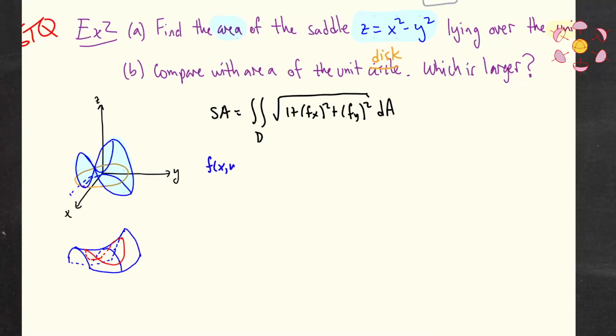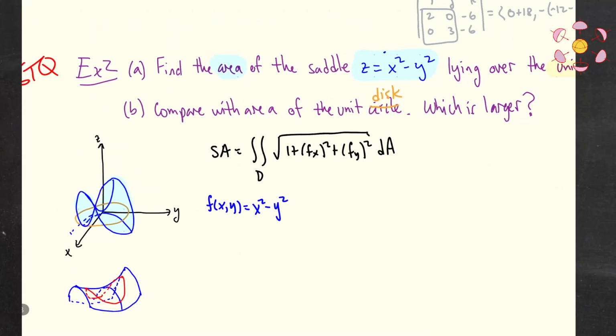So, okay, now here, there's really not too much to fuss over. What is our f? They tell it to us, right? Since z equals f of x, y, that is our function. So partial derivatives, oops, I almost screwed it up, it's so easy, my bad. Fx is 2x, fy is negative 2y.